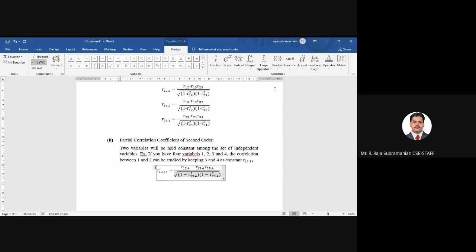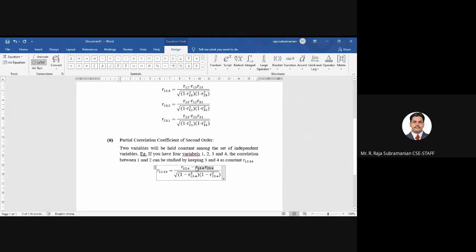So this is actually the formula, that is R12 dot 34 will be R12 dot 4 minus R13 dot 4 into R23 dot 4, whole divided by the same thing. What are the things we are going to normalize? This R13 dot 4 and R23 dot 4 we are going to normalize.